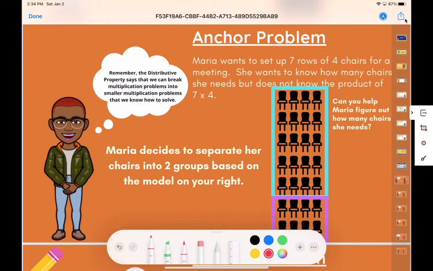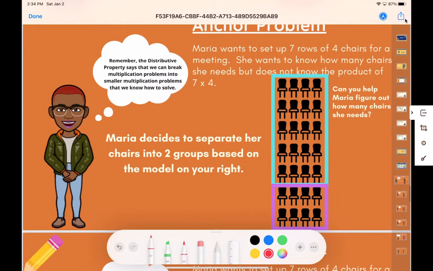All right, guys. So let's take a look at our problem. We know that Maria has 7 rows of 4 chairs for her meeting. Maria has decided that she is going to separate her chairs into 2 groups based on the model that you see here.